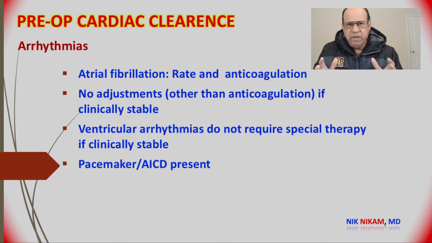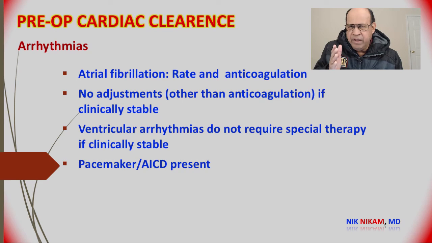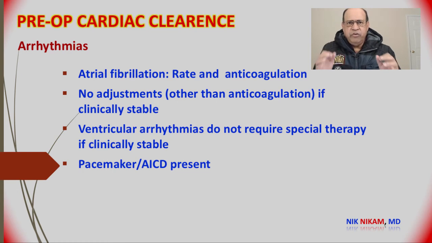Arrhythmias. The most common arrhythmia we deal with in the perioperative period is atrial fibrillation. Either the atrial fibrillation is present before the procedure, in which case we need to make sure we control the rate as best as possible, not only in the pre-operative phase, but in the intraoperative and post-operative period. And also we need to address the question of anticoagulation.